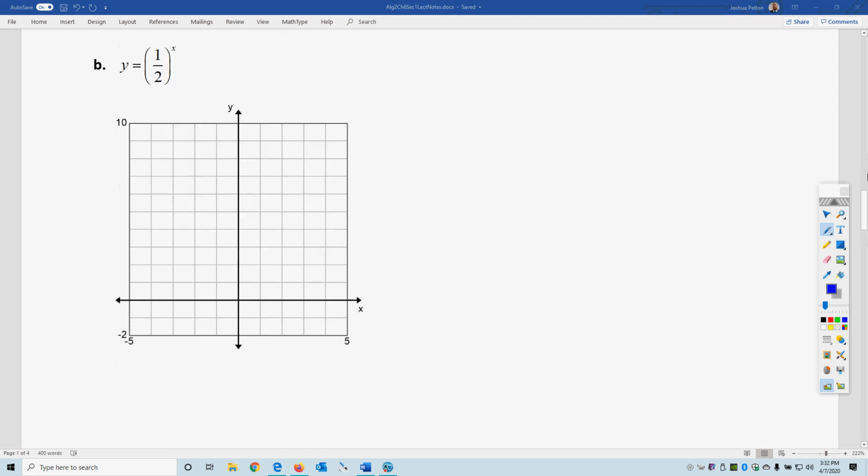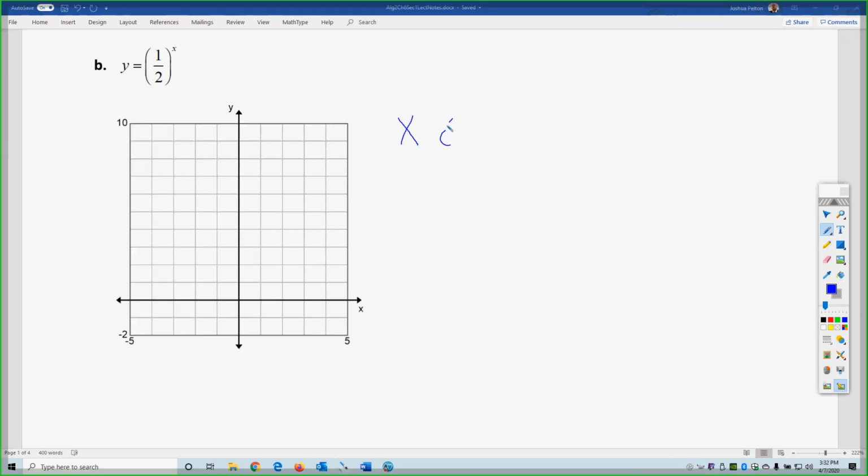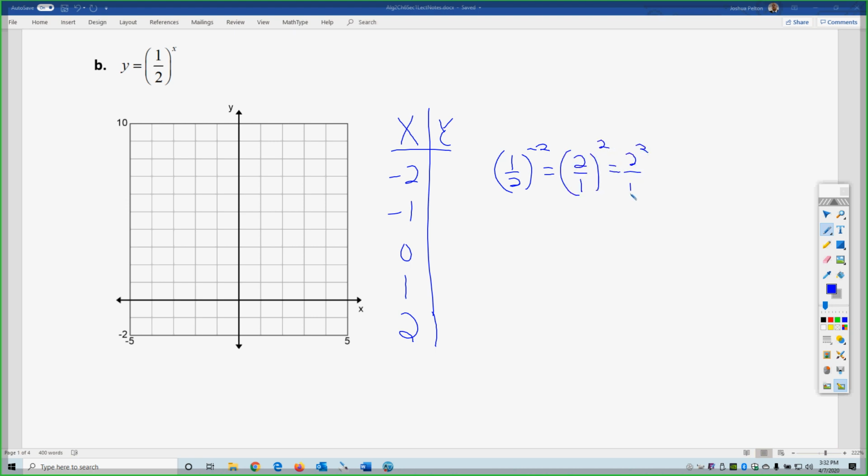So this is (1/2)^x. So make a basic table of values, x and y, -2, -1, 0, 1, 2. All right, so 1/2 to the -2 is 2 over 1 to the 2, or 2 squared over 1 squared, which is simply just 4. 1/2 to the -1 is 2 over 1.